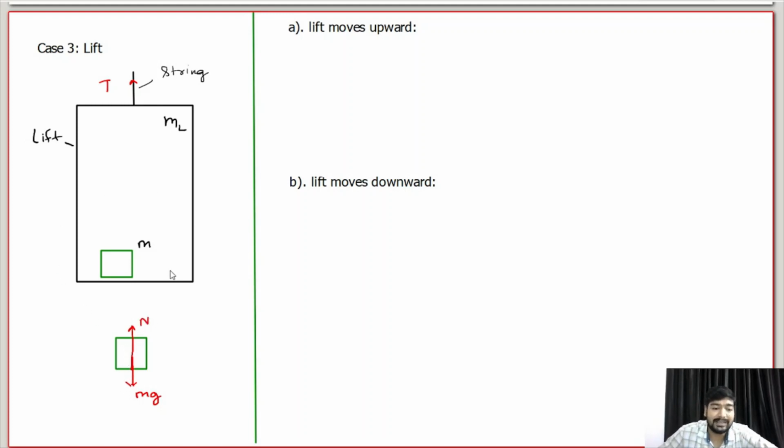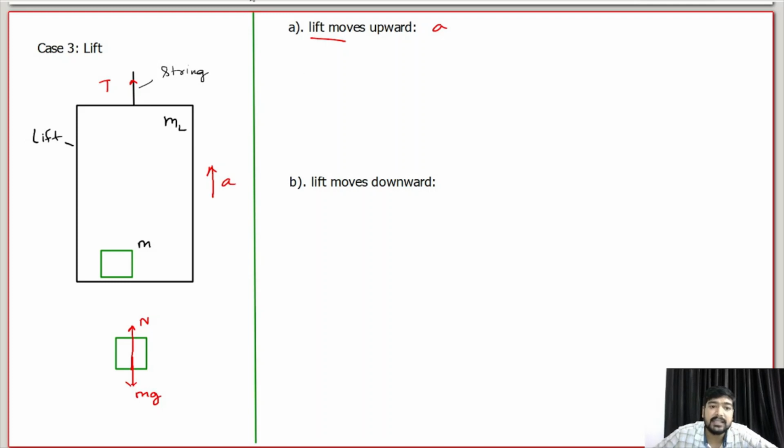If this is at rest, then this will be the free body diagram. But let's consider two cases. If the lift is moving upward with some acceleration a. So the first case is the lift moving upward with a.